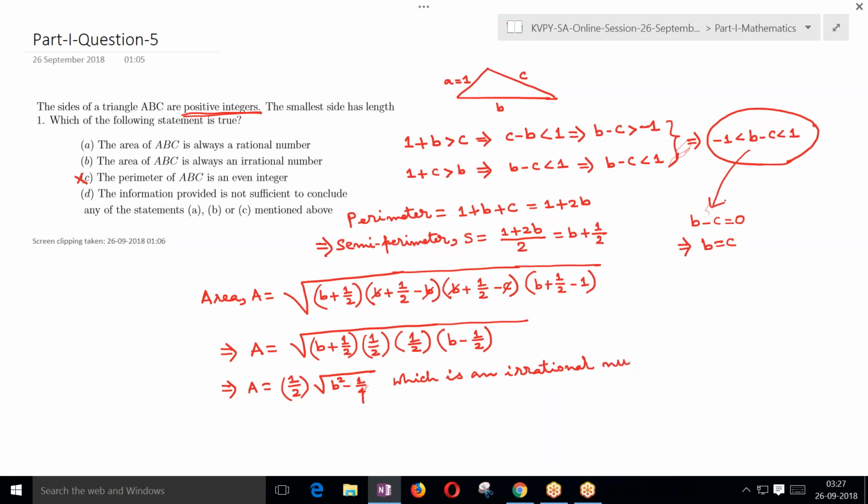And from there we conclude that option B is correct. I hope things are clear and we can proceed to the next question.